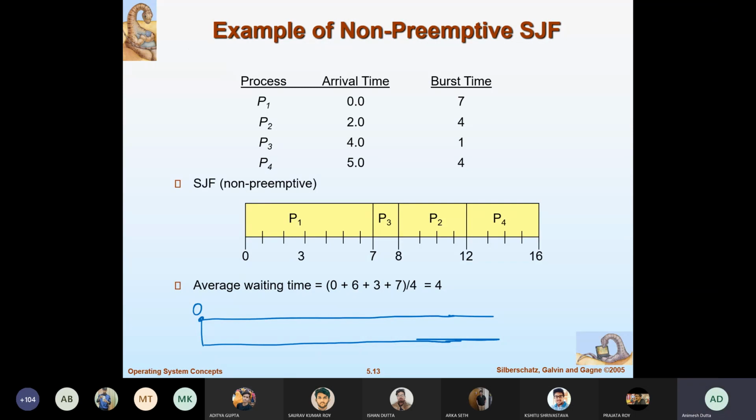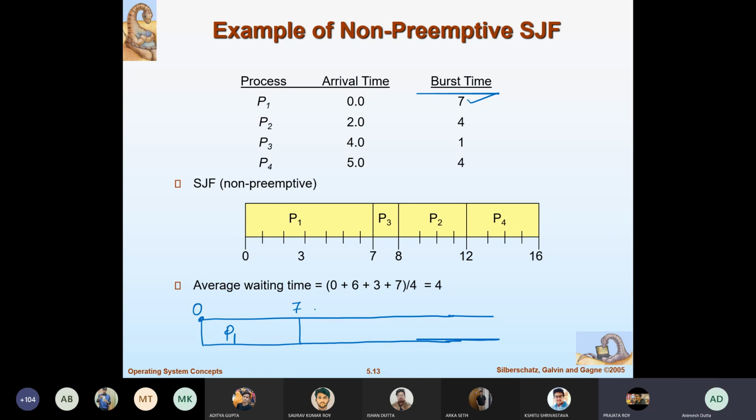ঠিক আছে? Yes, sir. So place P1 in the CPU. कितना तक रहेगा P1? 7 seconds.